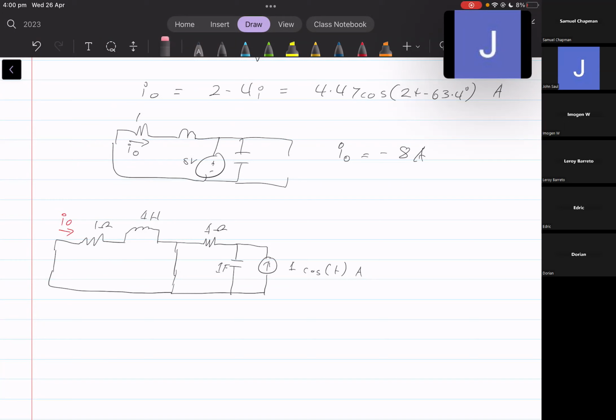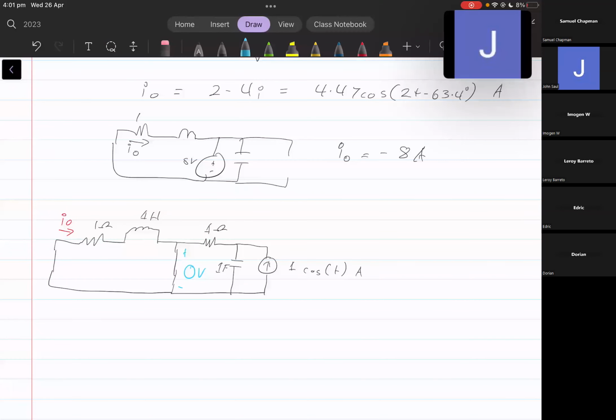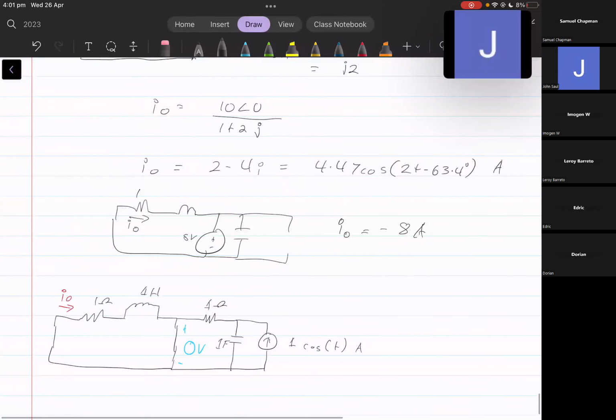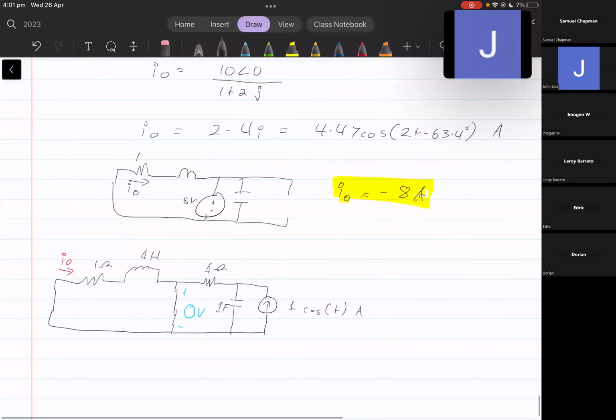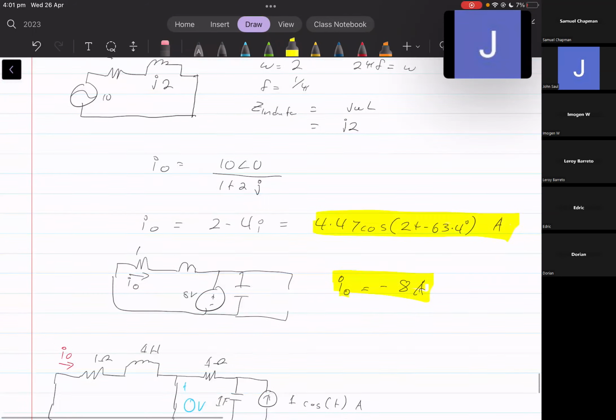The cool thing that happens here is that because this is a short circuit, the voltage here will be 0 volts, which means there will be no current flowing there. So that should have no effect. Then our final step will be to sum this one and this together, and that will give us the final current.